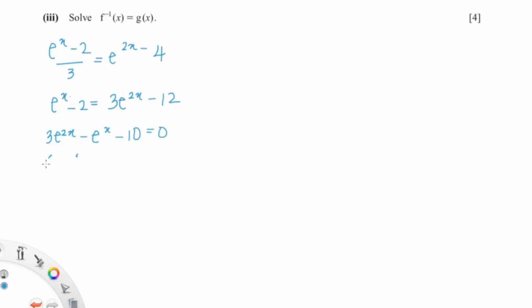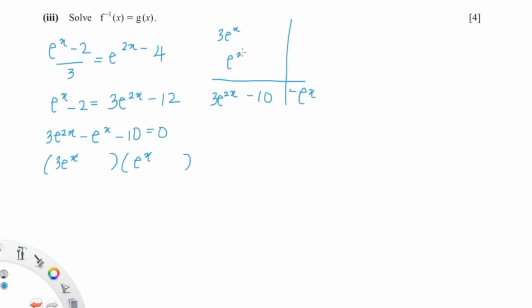So let's solve this quadratic. Okay, let me just draw this grid here. So minus e^x minus 10 and 3e^(2x). So we know that this should be 3e^x and this should be e^x.